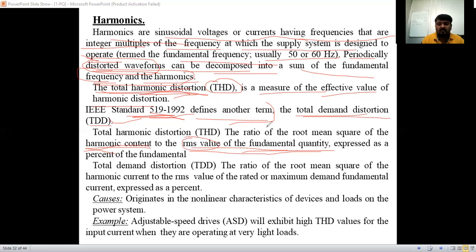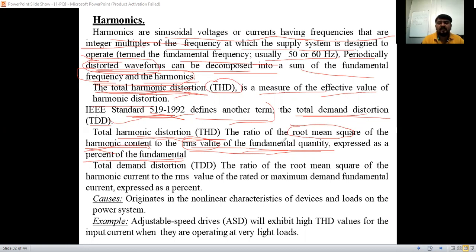And for the harmonic content, what is the RMS value of voltage and current? The ratio of these two gives the percentage of total harmonic distortion, expressed as a percent of the fundamental.